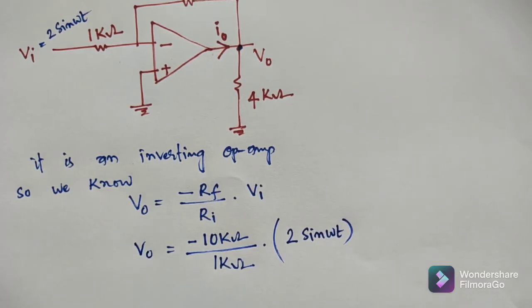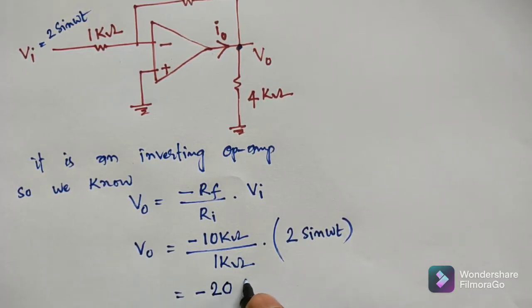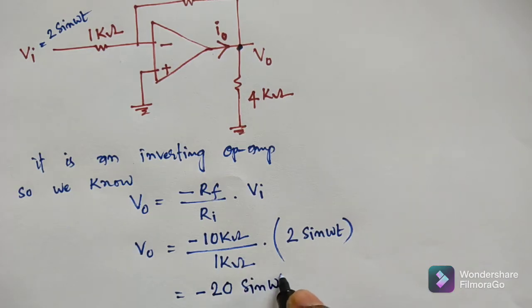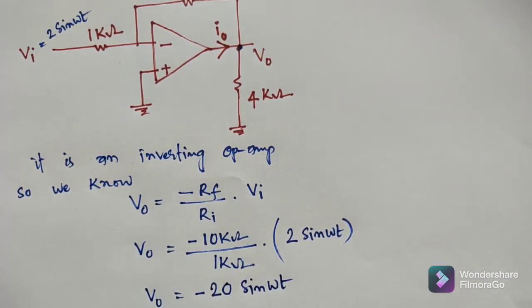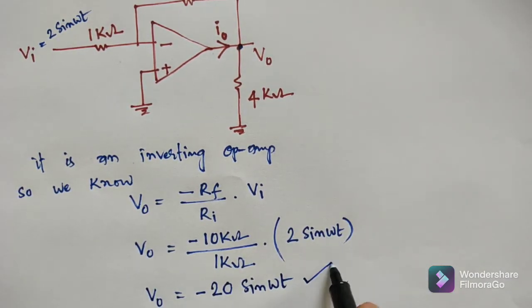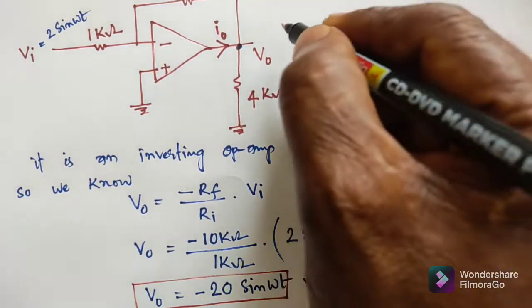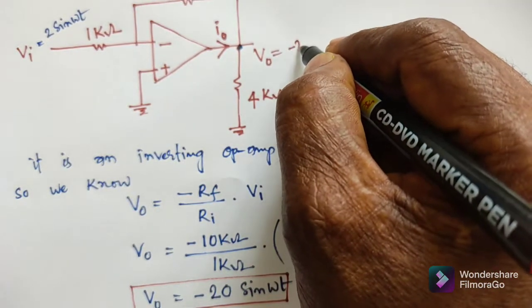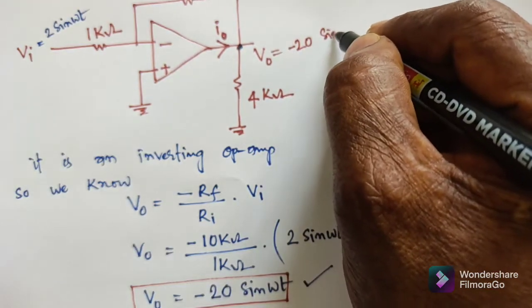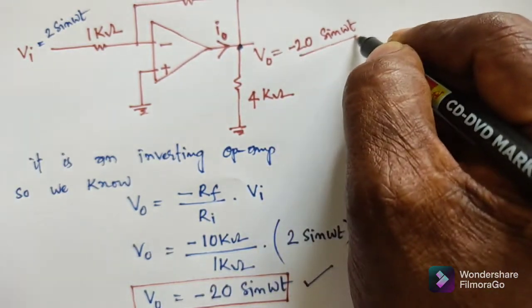Finally, minus 10 into 2 is minus 20 sine omega t. So the V0 value is V0 equal to minus 20 sine omega t.